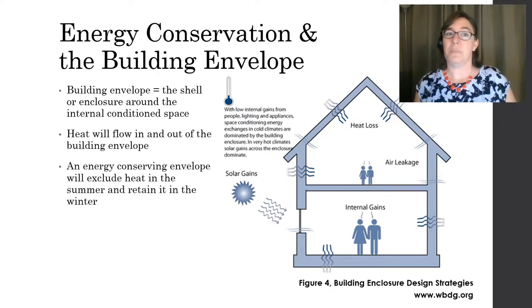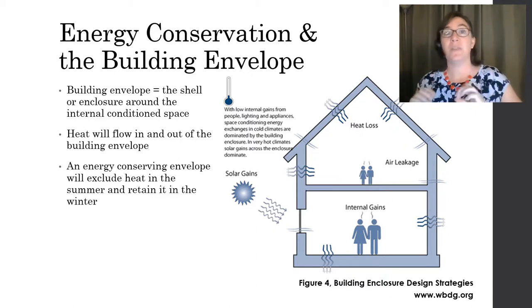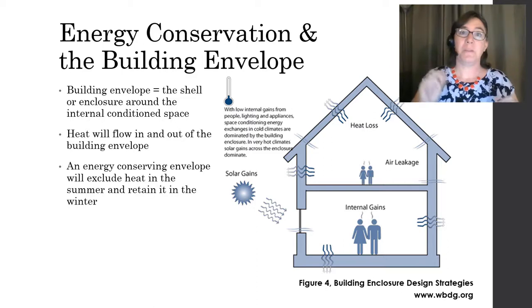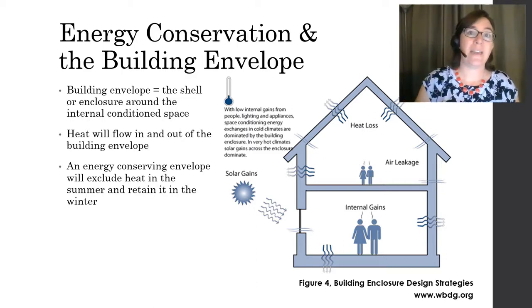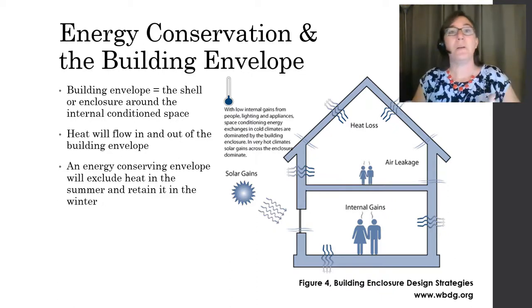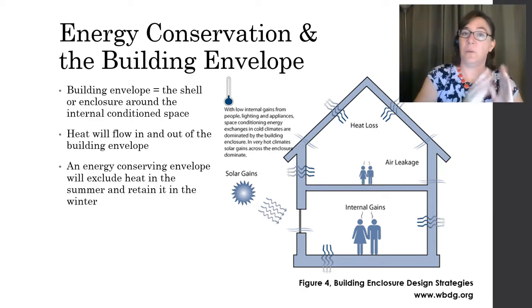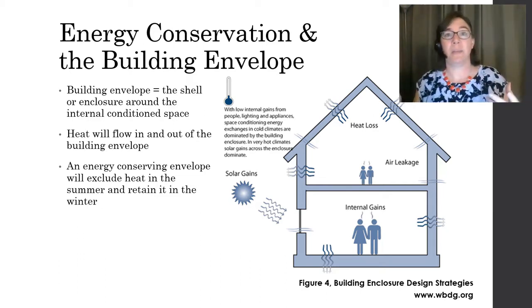The building envelope is the shell or enclosure around the internal space, and that's specifically the internal conditioned space or heated space. So it's every part of the construction that separates heated space or indoor space from unheated space.